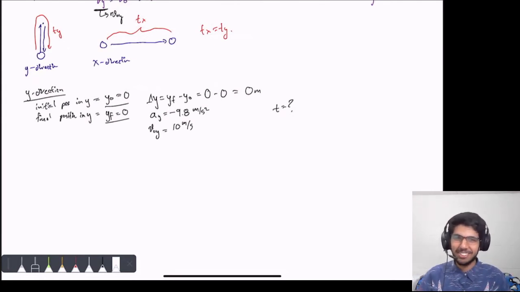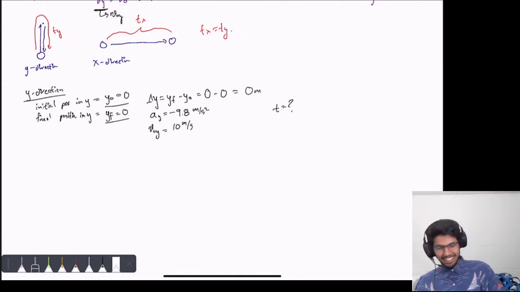So we can consult our handy-dandy kinematics equations, and as I alluded to earlier, I am now an expert on remembering the kinematic equations. So the equation we will use is delta y equals v naught y t plus 1/2 a t squared.